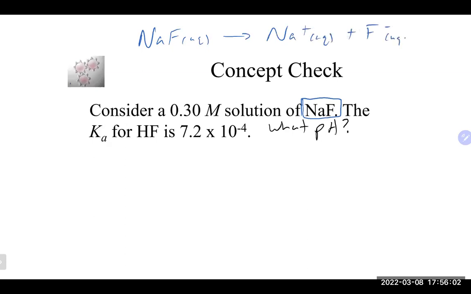So the goal here is to decide, is anybody basically going to continue to react with, say, water and affect the pH? So sodium, we should know, because it is group 1, will it do anything to affect the pH? It will not. It is a neutral salt.